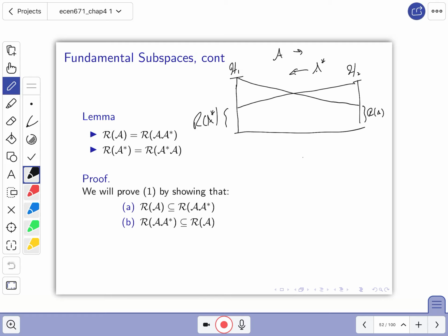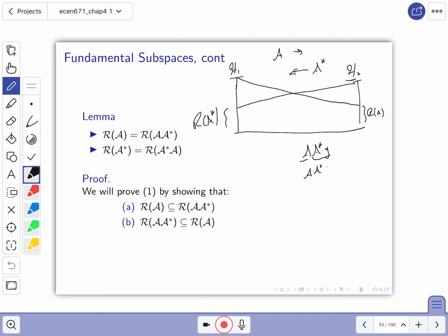Now let's look at this operator A A star. What does this do? You're going to put on the right hand side here a y, and y has to come from H2 because A star operates on H2, and it will produce something in H1, and then A maps it right back to H2.